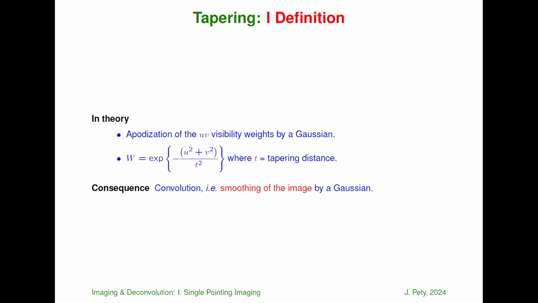This will translate into the image plane by a convolution. A Gaussian in the UV plane is a Gaussian in the image plane. So basically, what you do by doing this, you're convolving your image by a Gaussian. You're smoothing your image plane by a Gaussian. Okay?